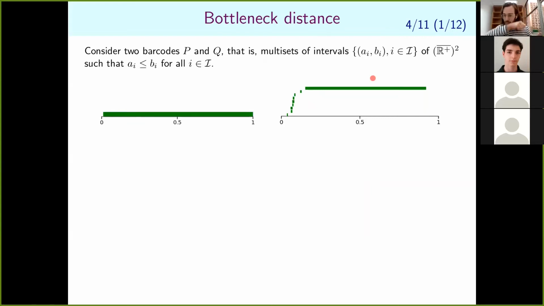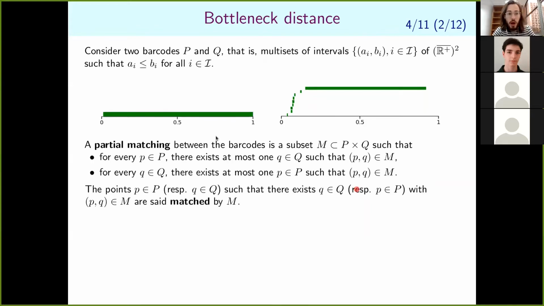In order to define the bottleneck distance, we will first define partial matchings.